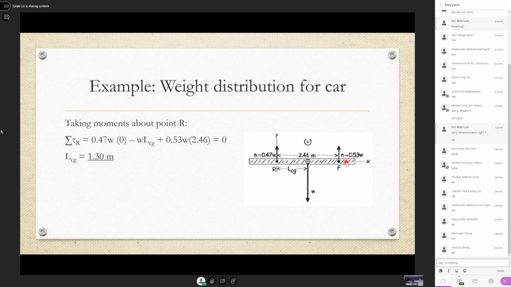It is your 0.53 W down here, pointing upwards. So it's a plus, force times distance. Then the whole thing must equal 0, because remember, summation of torque equals 0. So from this equation alone, you realize you can solve for LCG.